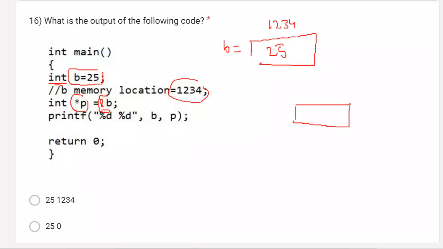Here I have taken a pointer p. In that p I have stored the address of b. Now I am trying to printf two integer values. From where am I getting these integer values? From b and p.